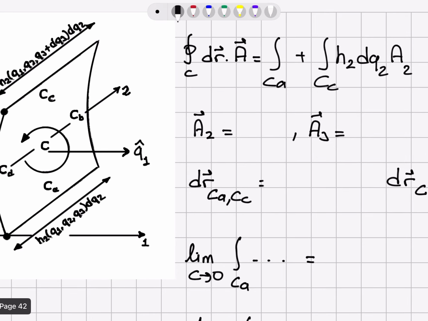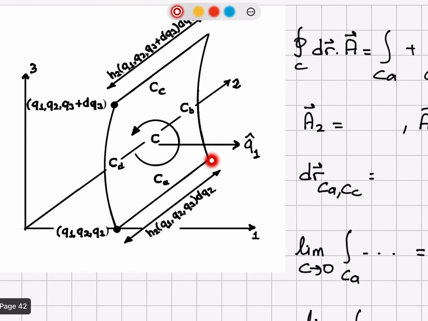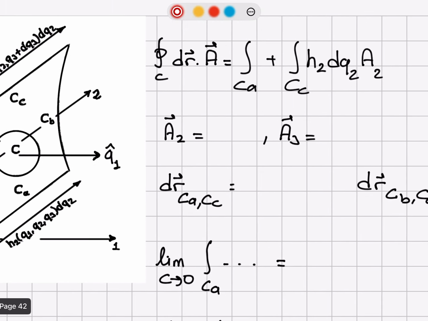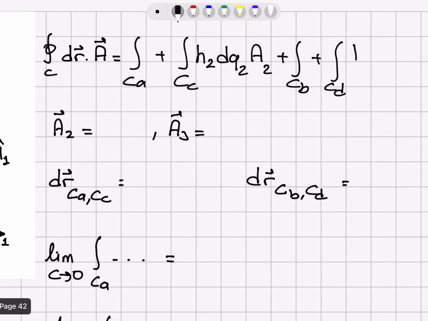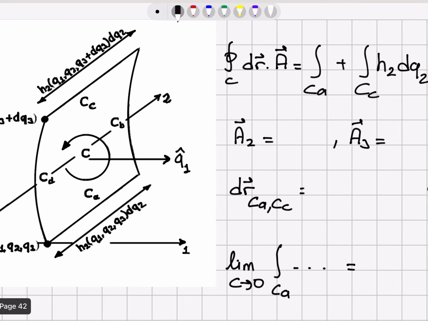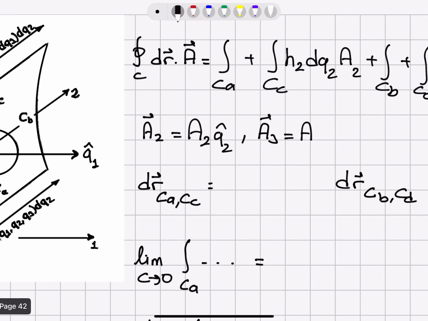And for the segments B and D, I have variation on the Q3 axis, so it's going to be H3 dQ3 A3. So I have plus integral CB, and for CD, I will be considering H3 dQ3 A3. All right. And A2 vector, likewise, is A2 in Q2 hat direction, and A3 vector is A3 in Q3 hat direction.